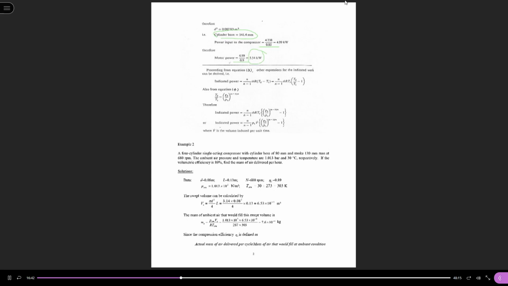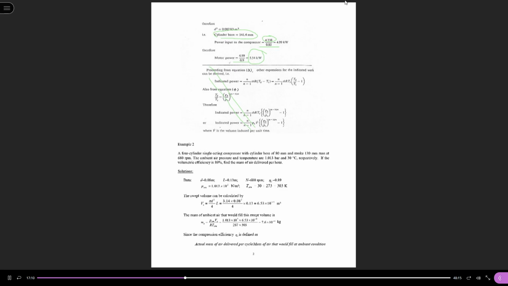This is the input work, the required input work, because this is the indicated power. We can use the reversible work for the compression process. That's the deriving process during our lecture. This part I think we don't need to consider.